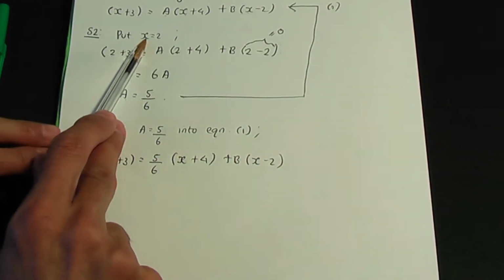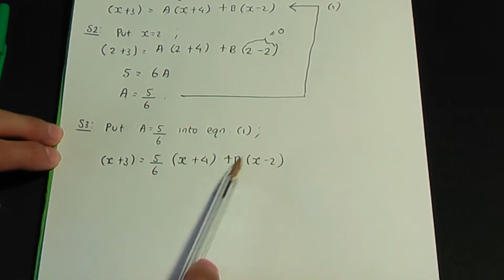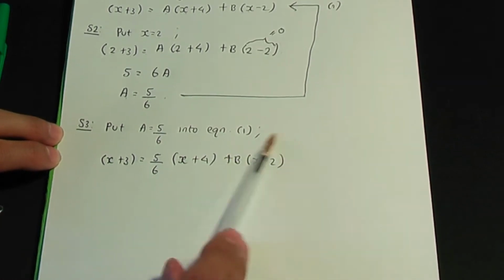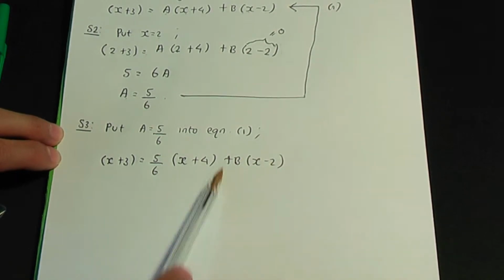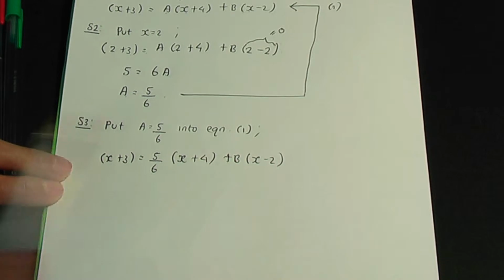So we used x equals 2, and if you think about it, if you put x equals 2, that's going to get rid of that b term. Okay, so that is pointless. So you can choose any other value except x equals 2 to work out the remaining term.